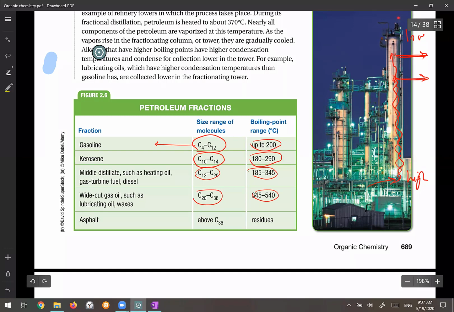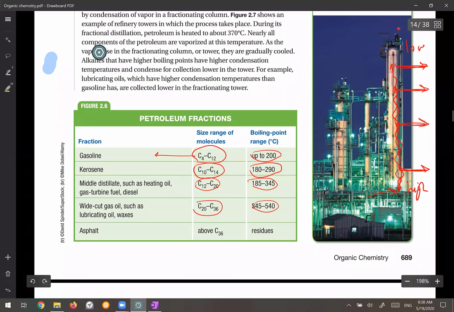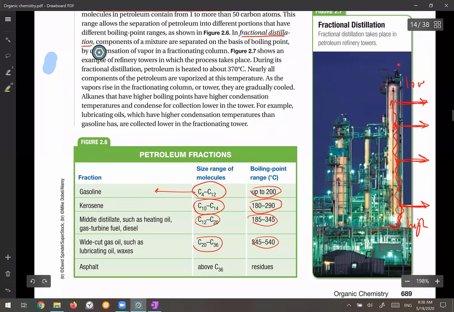What is important is that you must know which molecules liquefy and come out at the bottom of the column, and which go farther up. The hydrocarbons which are small have a lower boiling point, so they go farther in the column and are separated at the top.